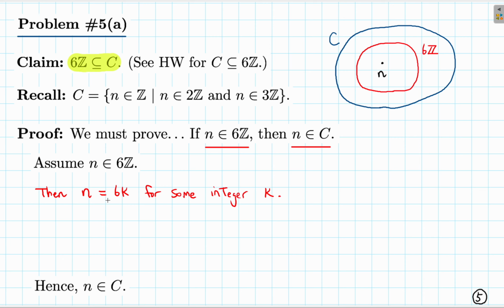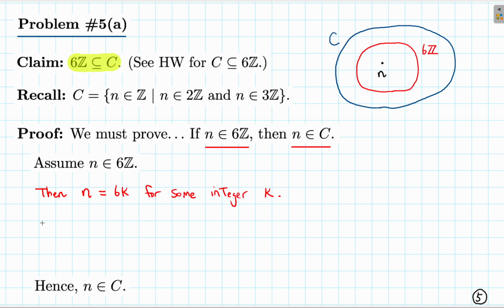Now, looking ahead gives us a clue on how to proceed. We have to eventually show that n is an element of C, which means we have to show that n is a multiple of 2 and a multiple of 3. Now let's take advantage of the fact that n is a multiple of 6.